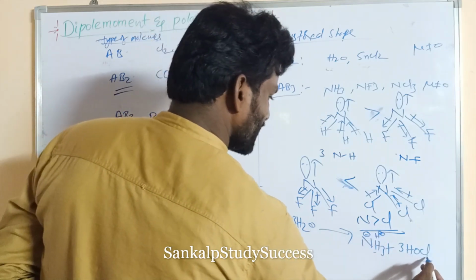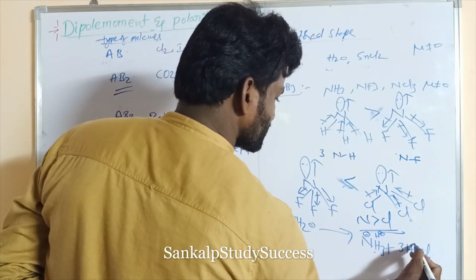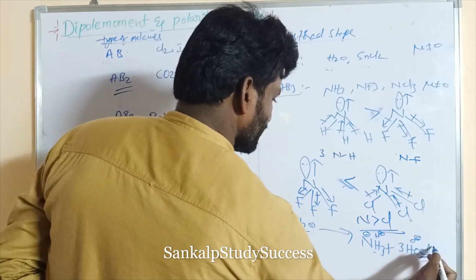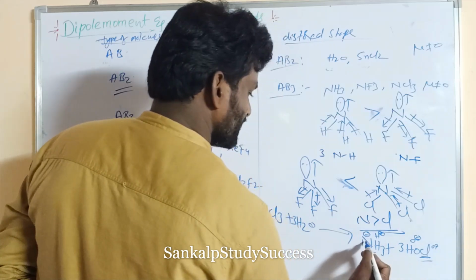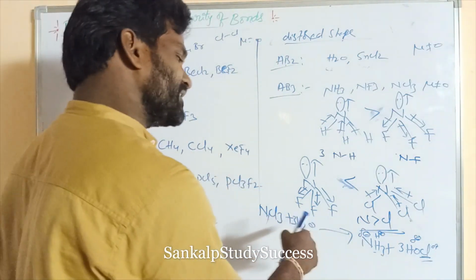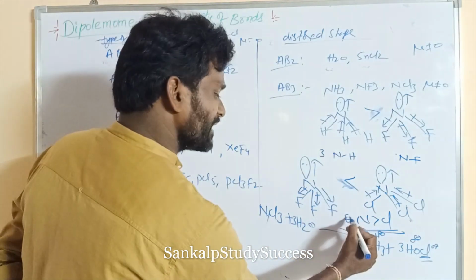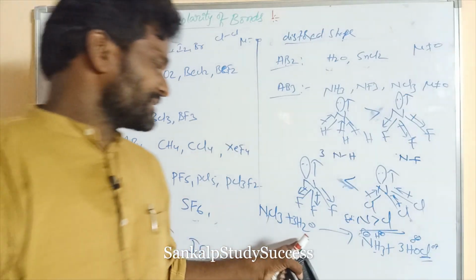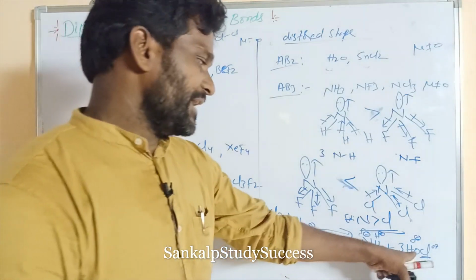On chlorine, OH minus is added, so Cl is delta plus and N is delta minus. So in N and Cl, N has more electronegativity.